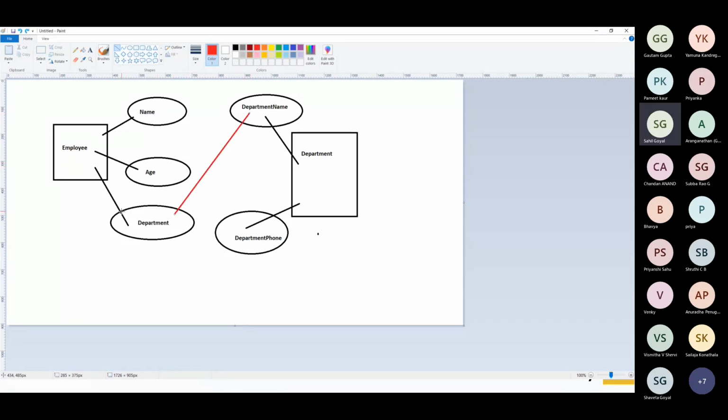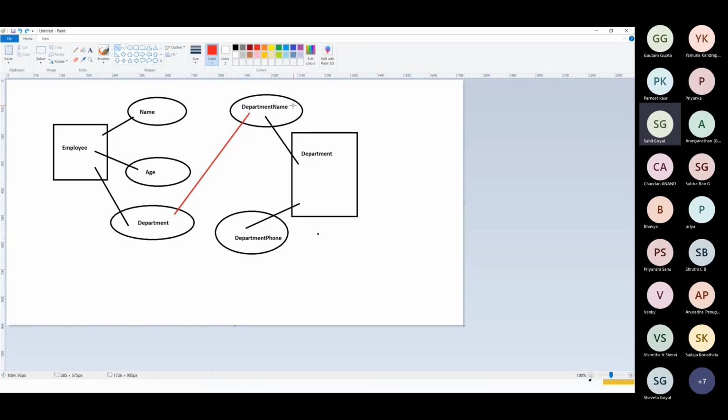Department from the employee table is going to link to the department name from the department table. So in this scenario, we can say that the department and the employee table are going to have a relationship with each other based on the department column that we have.